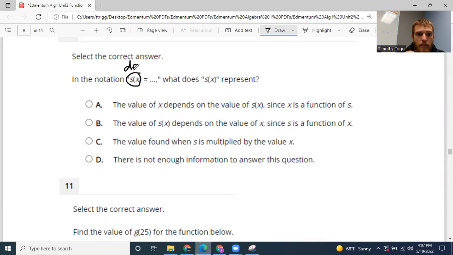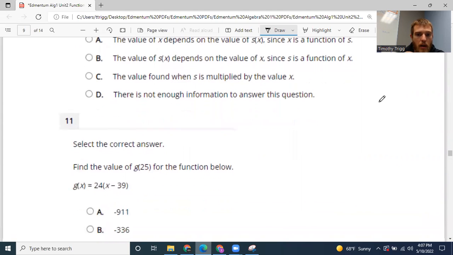So dependent. And x is the independent variable. Okay. Think about it.